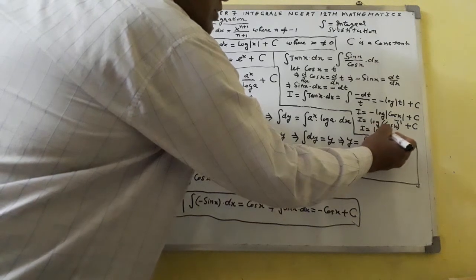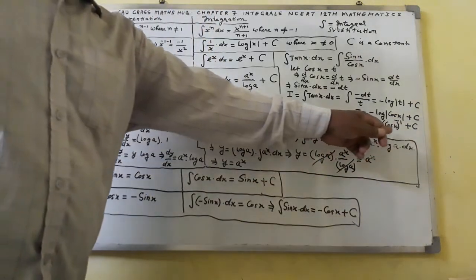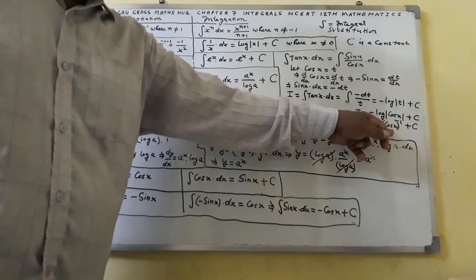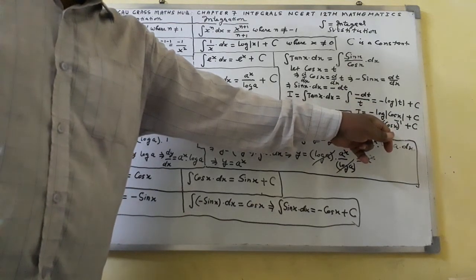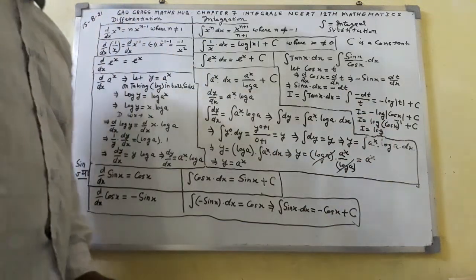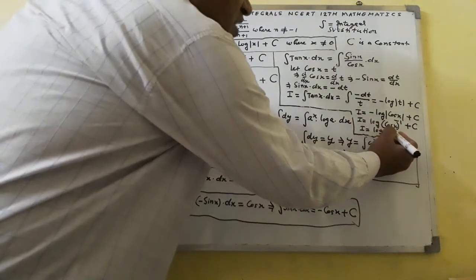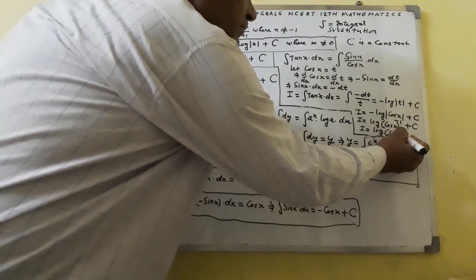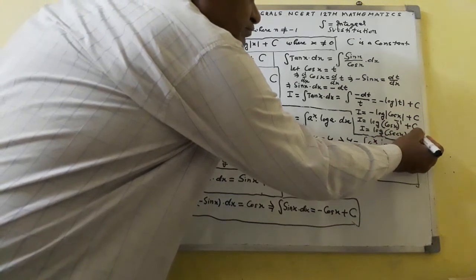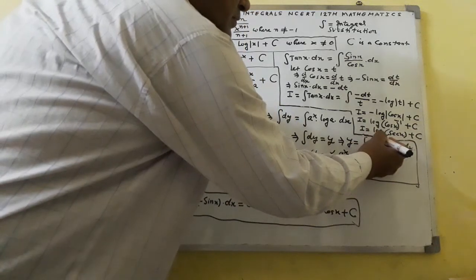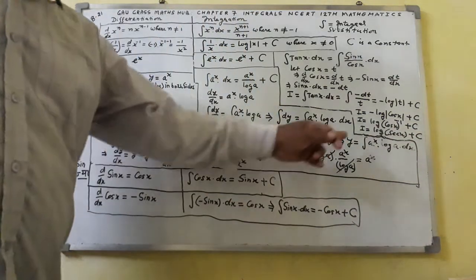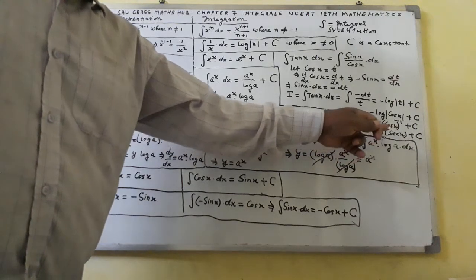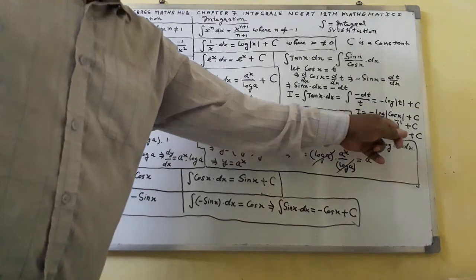Here you can see cos x raised power minus 1 can be written as 1 over cos x, which comes out to be sec x. So here I shall write in bracket log sec x plus c. So here we have got I equal to log sec x plus c.